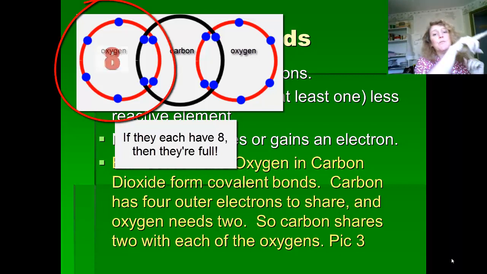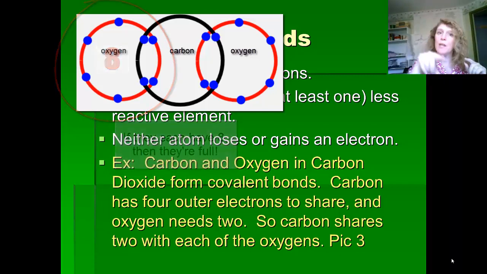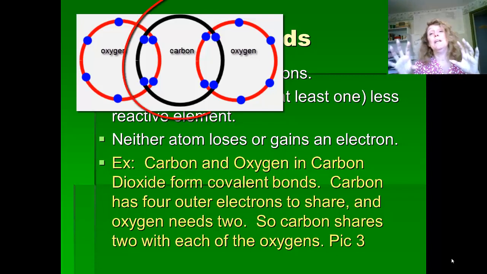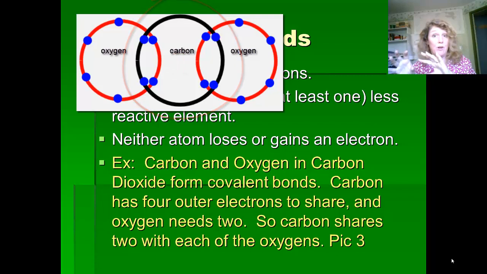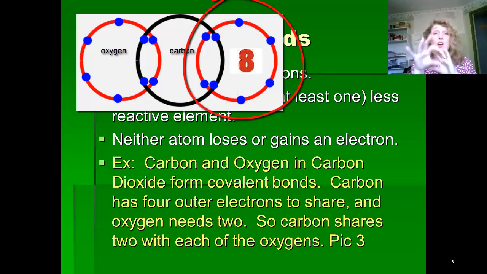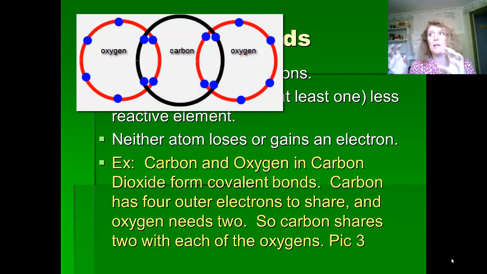Sometimes the electron goes around carbon and sometimes it goes around oxygen, and they're sharing. But oxygen only needs to share 2 with carbon. And so oxygen also shares 2 with carbon. So carbon's getting 2 from oxygen as well, but they're sharing, so it's not really from.